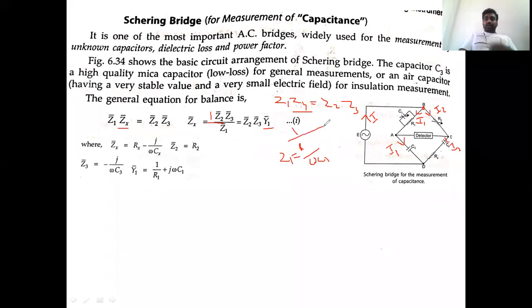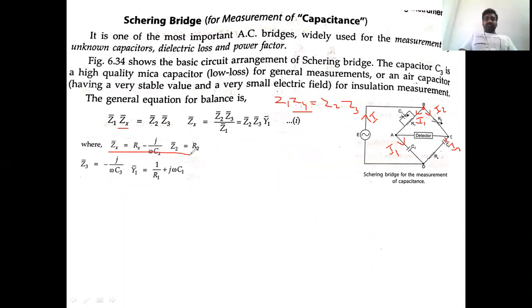That's why 1 by R by j omega C1 will be represented as j omega C1 divided by R1. That's what we represented here. So these are the expressions we got.